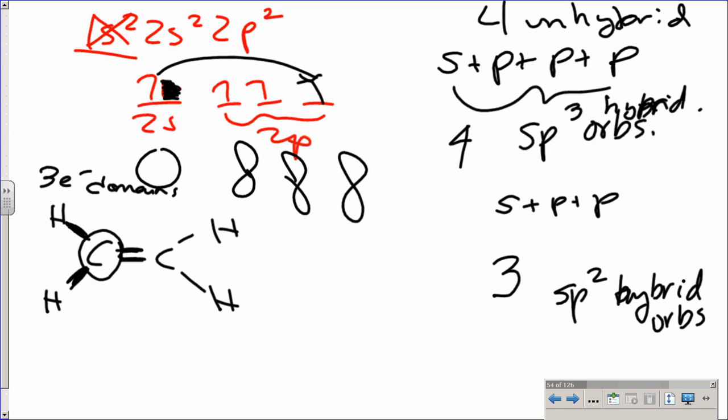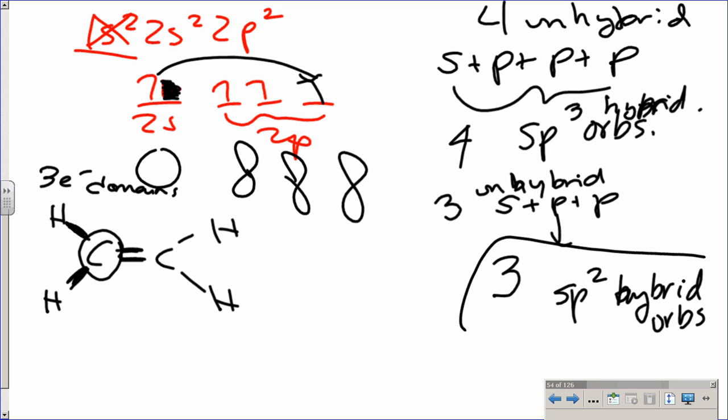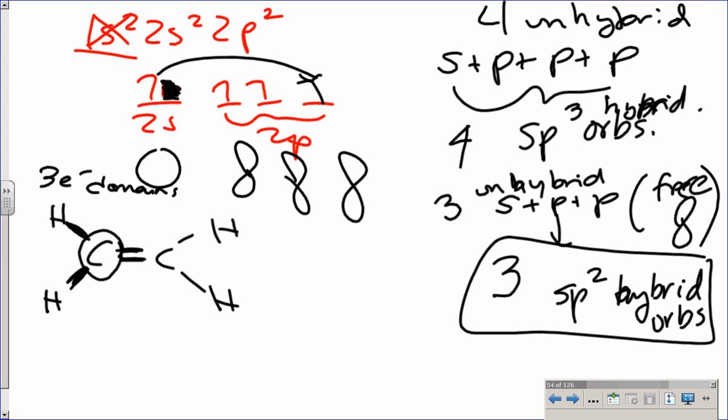It's not hybridized. It's just chilling the same way it's always looked. So I took these 3 unhybridized orbitals, and I made these 3 hybridized orbitals, which has that funky looking little raindrop shape, okay? But I also have a free p orbital that's just hanging out.